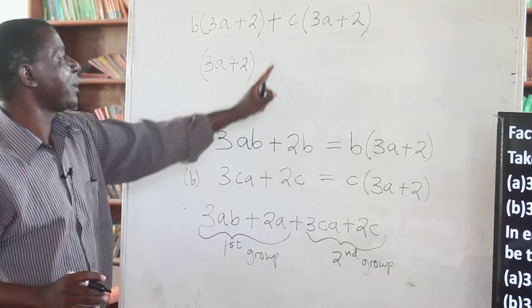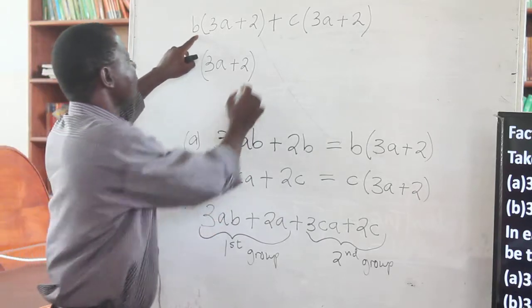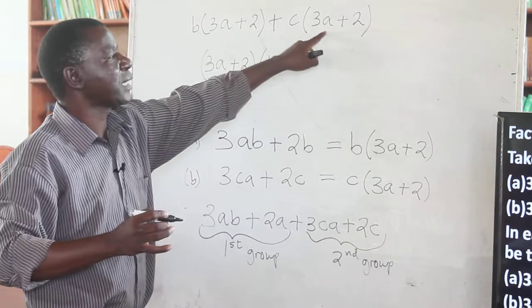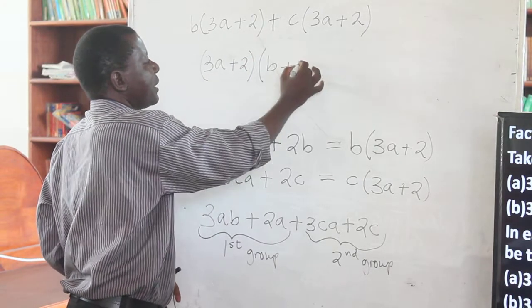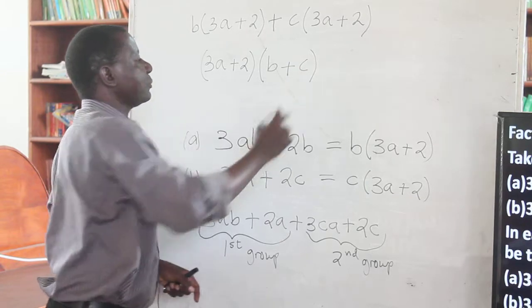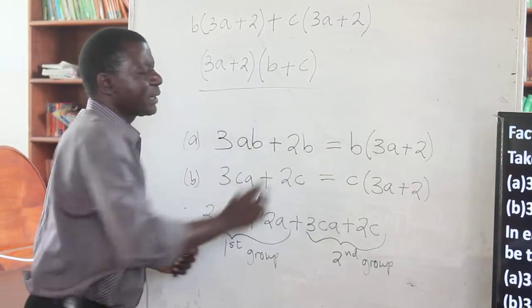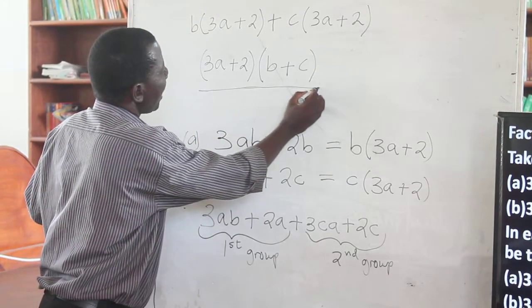And remember, inside the bracket, for the first term we will remain with b, and in the second term we will remain with plus c. So when we do that, we have factorized by grouping.